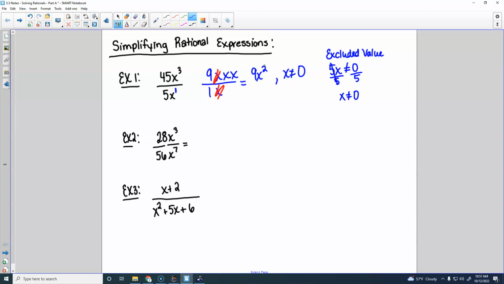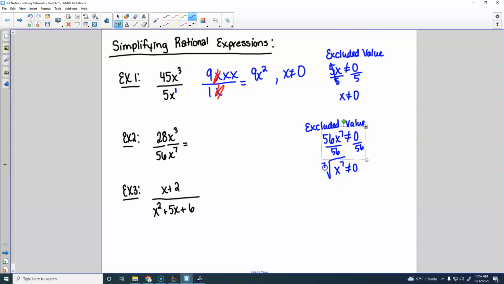Okay. For the second one, we need to do excluded value. And so denominator 56x to the 7th cannot equal 0. So you divide by 56. X to the 7th cannot equal 0.